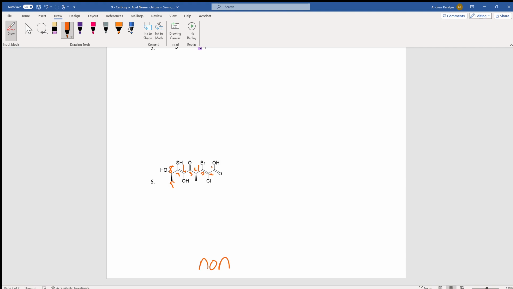So that's going to be from nonane. There's 2 alkenes. One's at 2, one's at 6. So 2,6-diene. And then the carboxylic acid, oic acid.